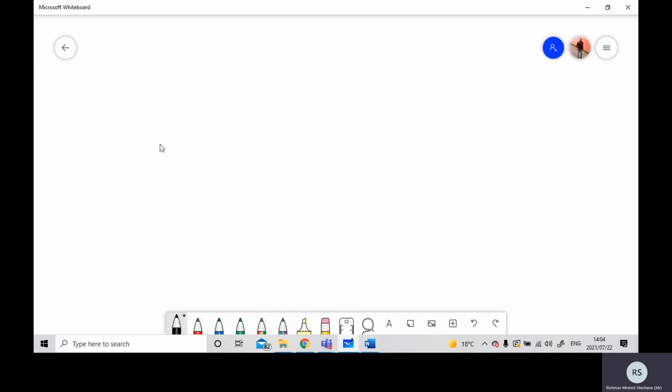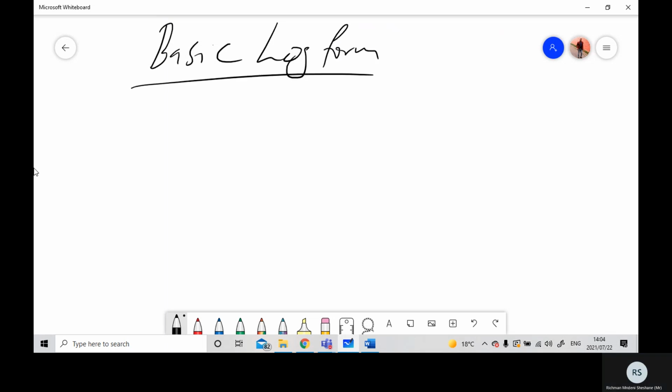We call this standard integral a basic log form. So let me rewrite this.